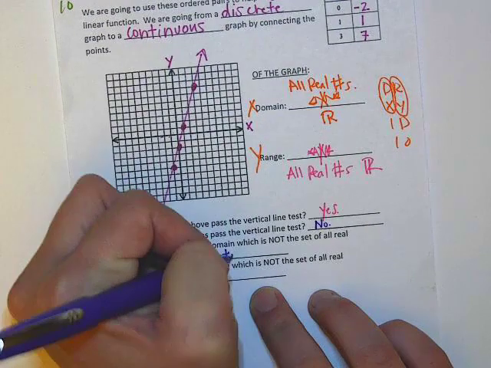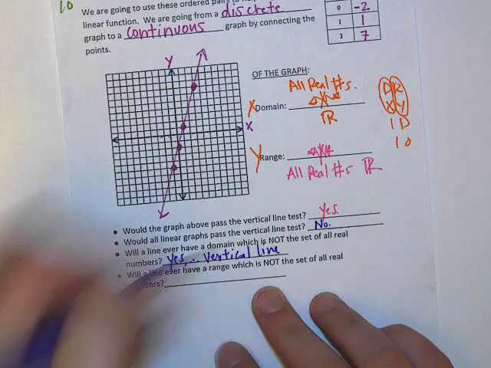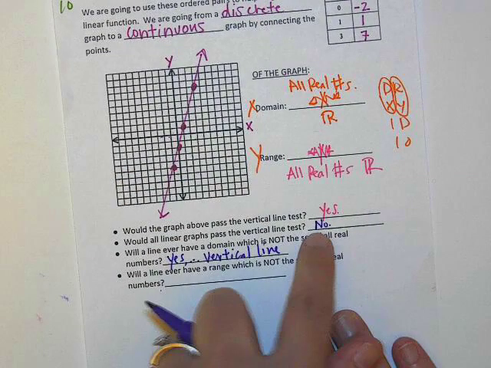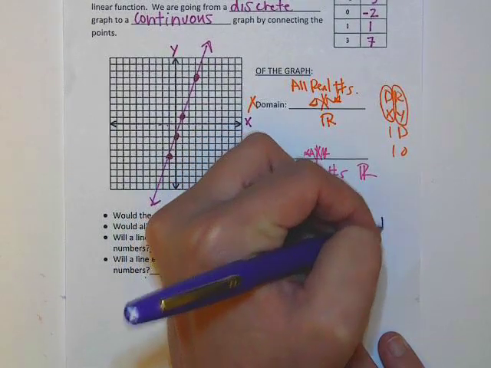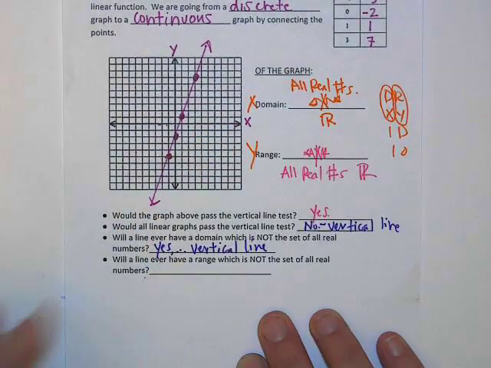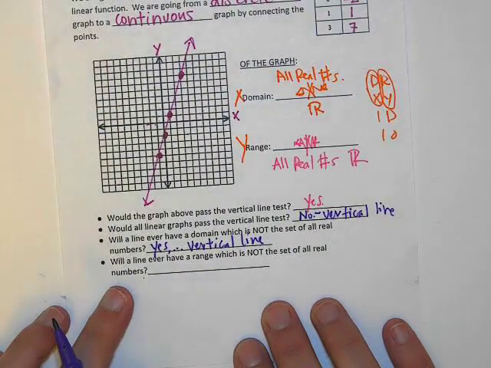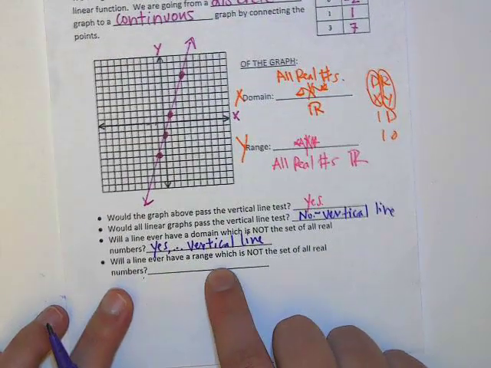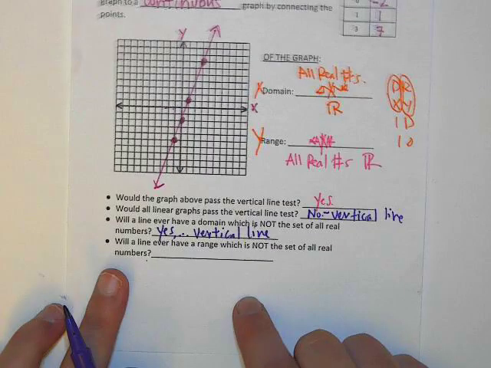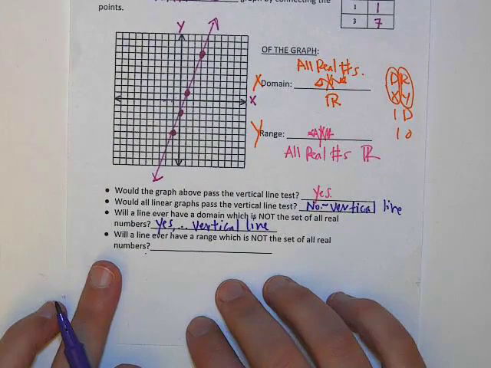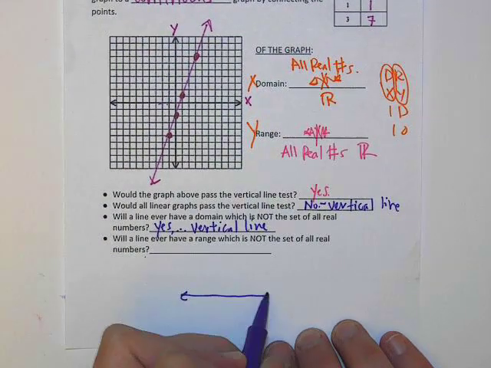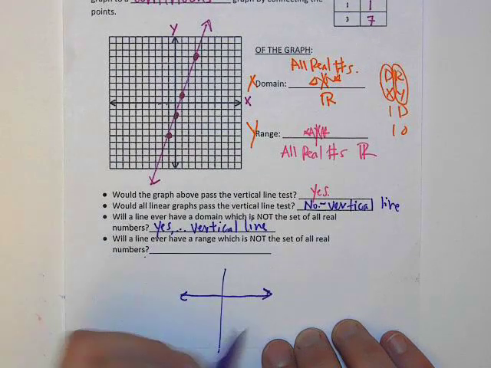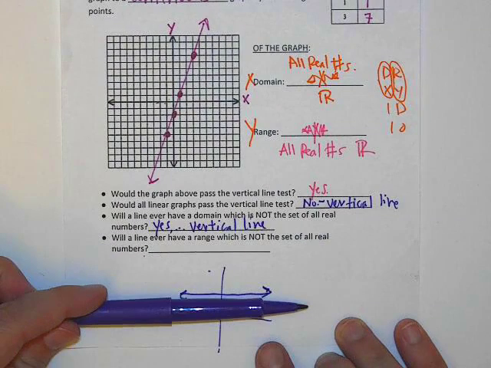Vertical line. Actually, line, because that's the example. Will a line ever have a range which is not a set of all real numbers? What if I had a horizontal line that went like this? My touch is the line, the last.